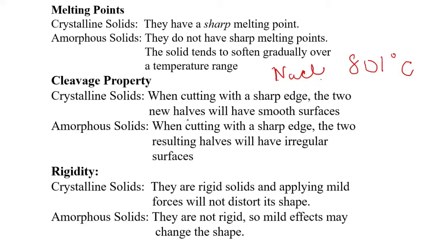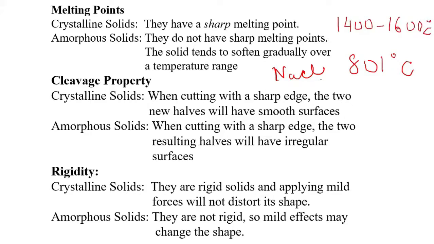Amorphous solid: they melt over a range of temperature. The melting point of amorphous solid is a range, for example 1400 to 1600 degrees centigrade.